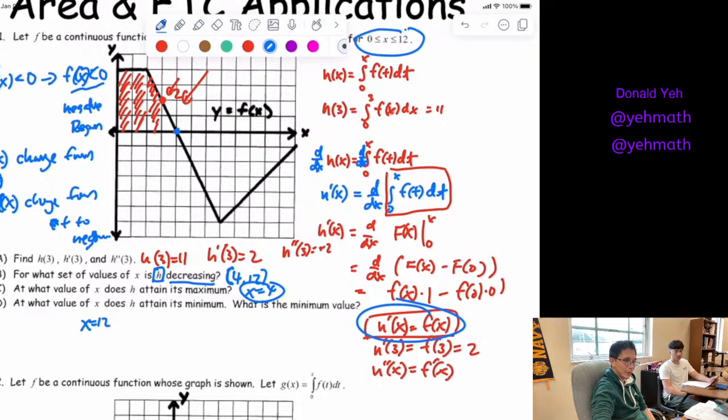But think about this. Think about this region as a surplus. That means the country is making more money from export than import. So the country is making money. At the first year you make $4 million. At the second year you make $4 million.